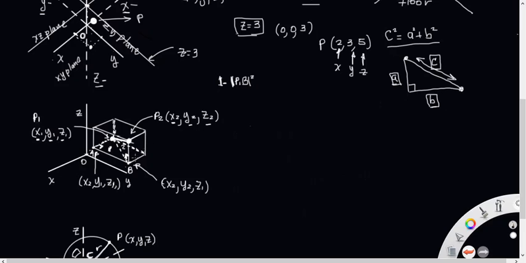For this hypotenuse of triangle number one, equals P1A squared plus AB squared. AB is this side over here. P1A is this side over here. And we want to know the distance between P1 and B.